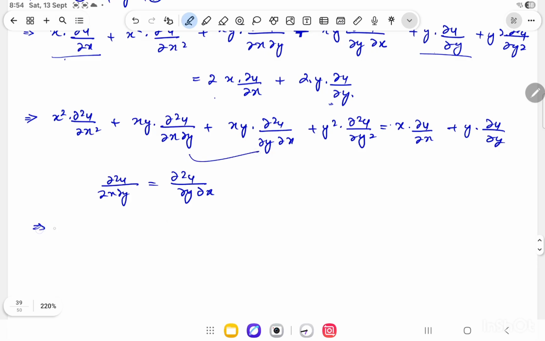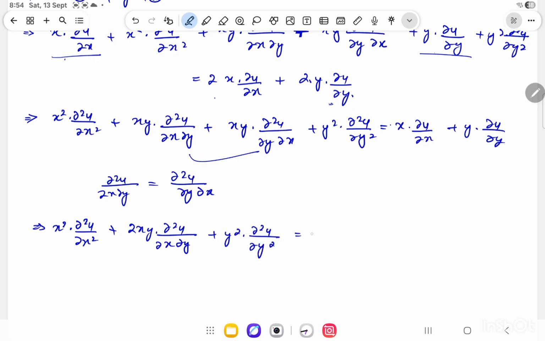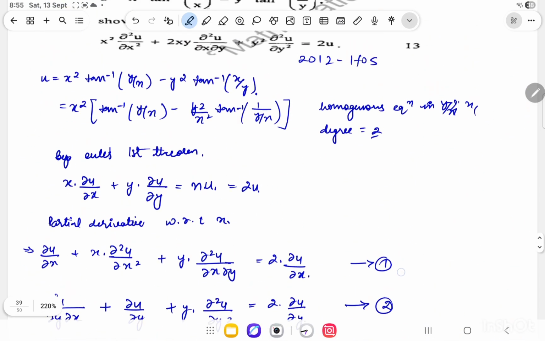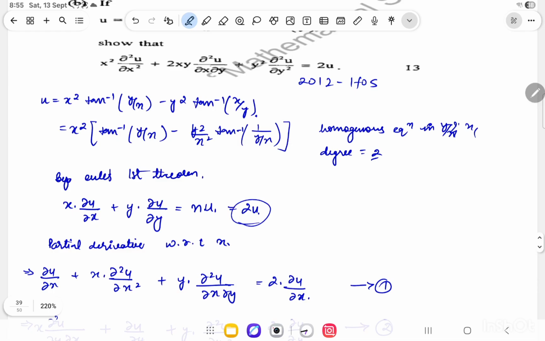So we'll get x square into del square u by del x square plus 2xy into del square u by del x del y plus y square into del square u by del y square is equal to x into del u by del x plus y into del u by del y. But using Euler's first theorem, we have calculated the value of this term. So we found it to be 2u.